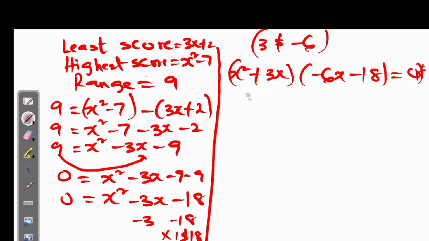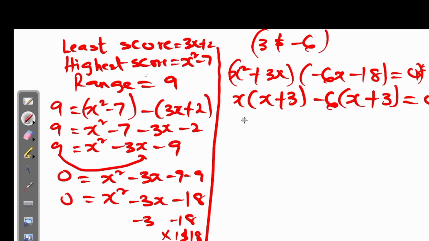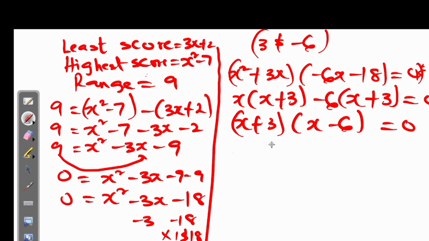So factorizing this, x into x plus 3 minus 6 into x plus 3 is equal to 0. So x plus 3 or x minus 6 is equal to 0. So x plus 3 is equal to 0 or x minus 6 is equal to 0.